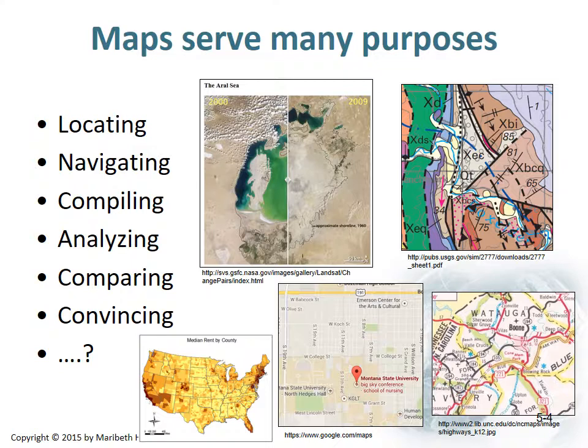We can use, related to that idea, maps for analyzing space. We can not only depict what's on the landscape, but we can analyze by putting together a lot of these different pieces of information, analyze the landscape, analyze space, and get a handle on what's happening there, especially over time. The image on the upper left is an example of satellite maps showing the Aral Sea and desertification processes.